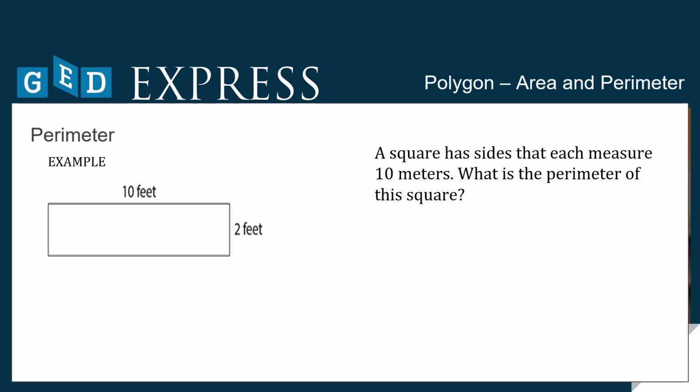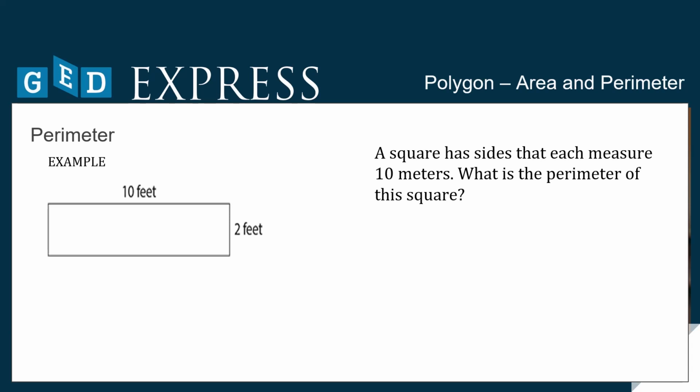What is the perimeter of the rectangle pictured? Even though you are given only two sides, you know that in a rectangle, opposite sides have the same measure.